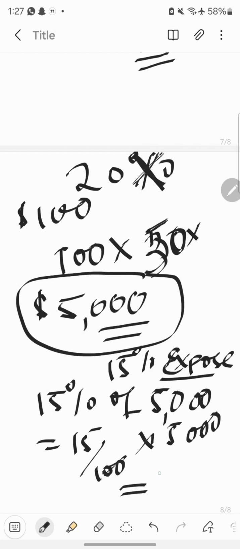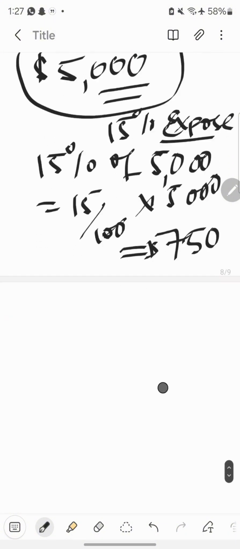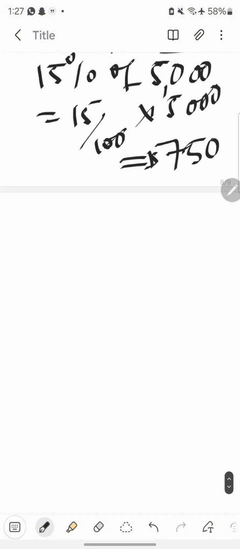Now we have a trading capital of $750 that we can expose to the trade. We have a trading capital of $750 that we can expose to the trade.